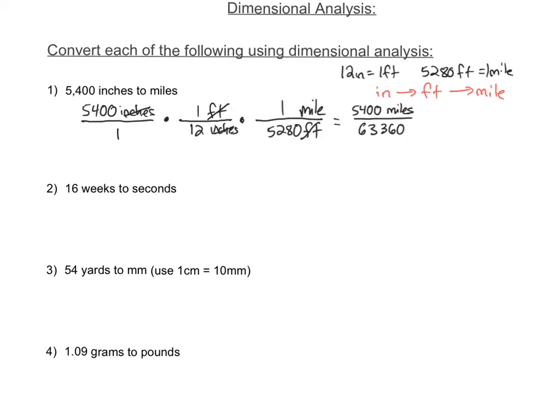So now I'm going to take 5,400 divided by 63,360, and that will give me approximately 0.0852, etc.